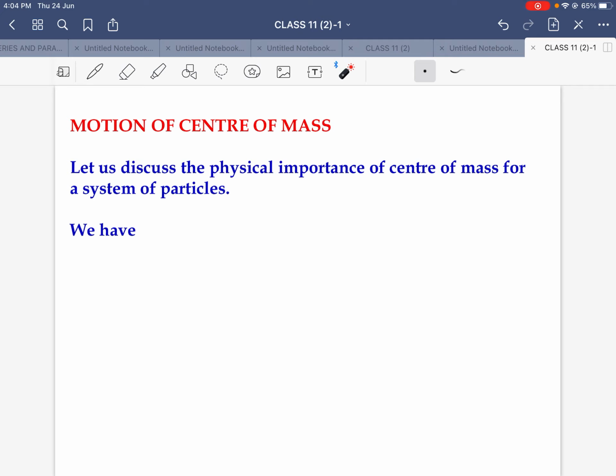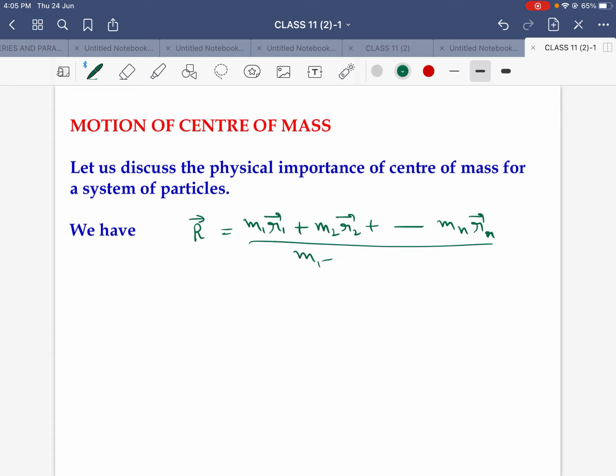We know that position vector of center of mass of n particle system is given as r vector is equal to m1 r1 plus m2 r2 plus so on mn rn, divided by the total mass of a system, that is m1 plus m2 plus m3 so on up to mn.